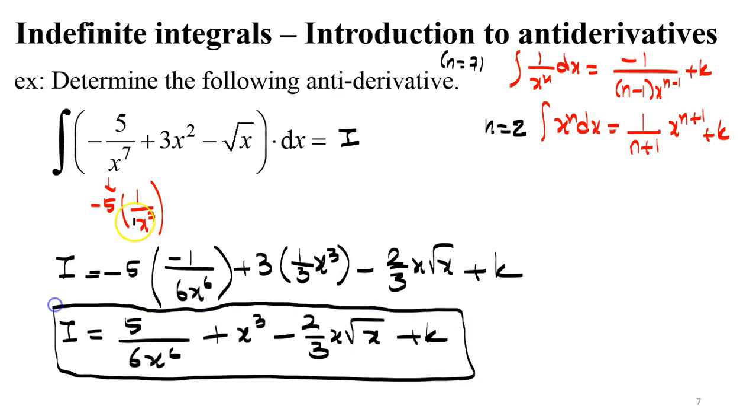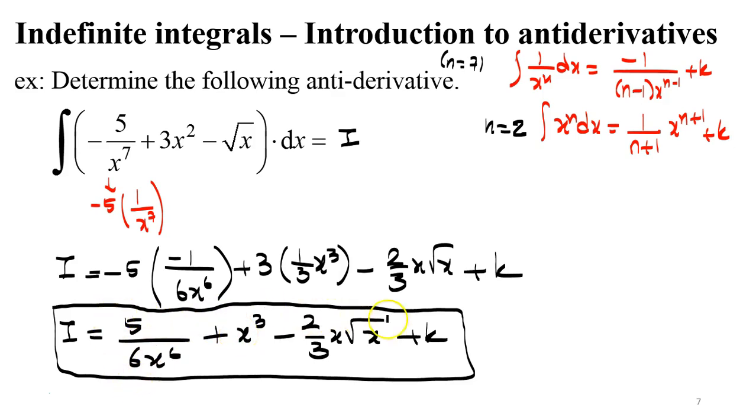Since over here I do not have a particular point given in the question, then my final integral would be in terms of my constant of integration. Now, before we wrap this up, I would just like to note that in order for you to check that you have integrated correctly, what you can do is take the answer you got for the integral and then find its derivative.